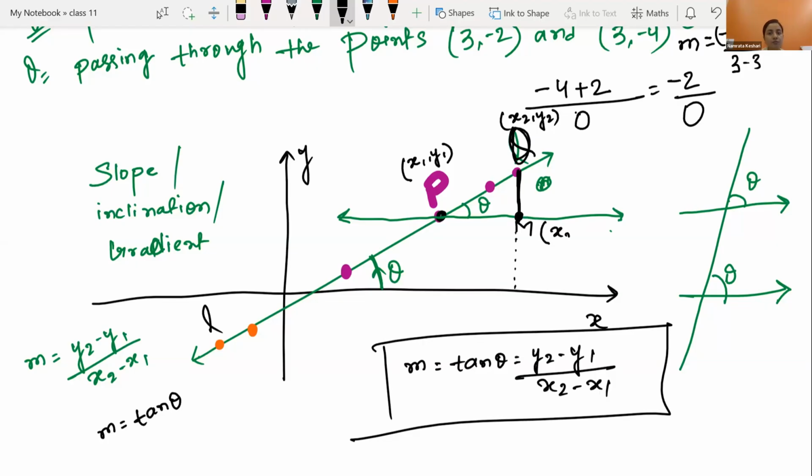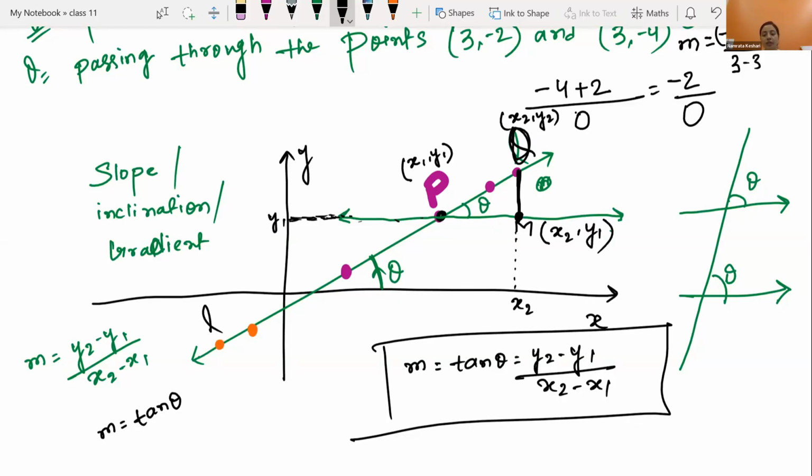Yes or no? Because Q is x2. Yes. And the y coordinate we can take with the help of P. We are trying to figure out the coordinate of point M. So the y coordinate of point M can be taken with the help of P, that is y1. Making sense?